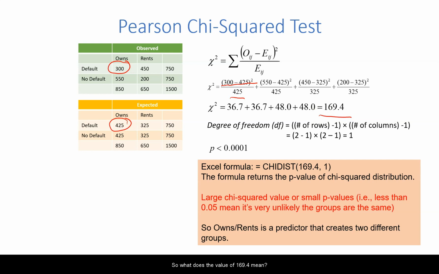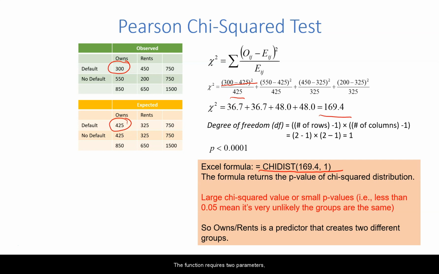So, what does the value of 169.4 mean? We can use the p-value of the chi-square statistic to find out if the frequency values in the observed table are statistically different from those in the expected table. There is an easy way to find out the p-value using Excel. The Excel function CHISQ.DIST.RT returns the right-tailed probability of the chi-squared distribution.